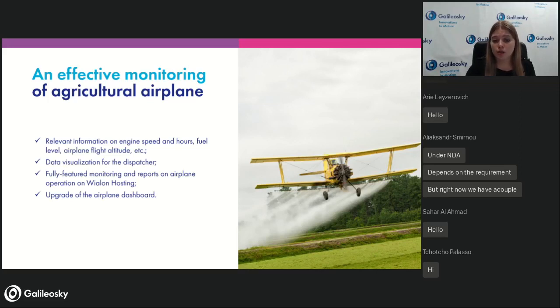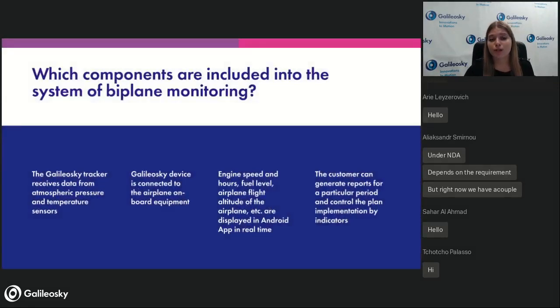Using EasyLogic opportunities, they integrated atmospheric pressure and temperature sensors, which communicate with the tracker over Bluetooth connection. Wialon was chosen as the software solution for data visualization, so the airplane engine performance and location are available for the customer on the Wialon hosting.